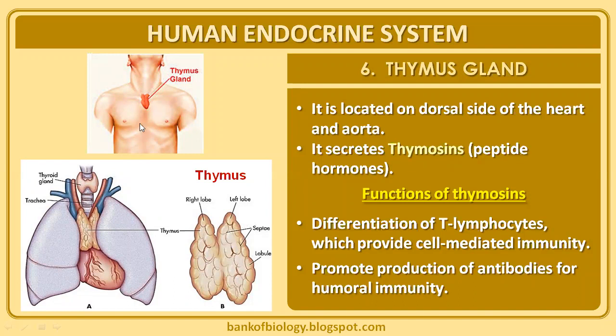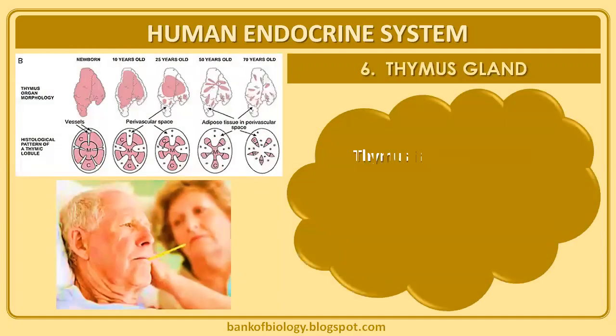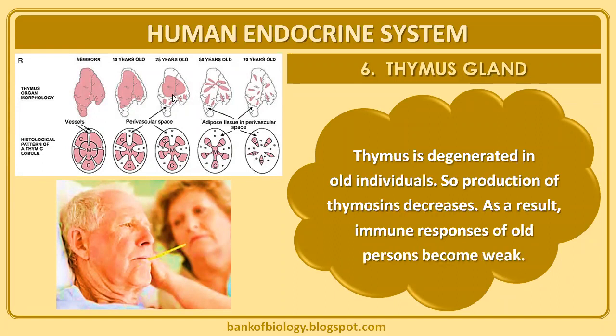You see the exact location of the thymus gland. As we know, the thymus gland is a child gland. That particular gland will degenerate over a period of time. You can see at birth, the full gland. Then at 10 years old, 25 years, and when it comes to 50 years, you find only traces of the thymus gland.